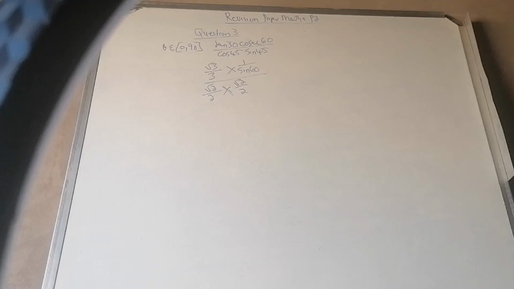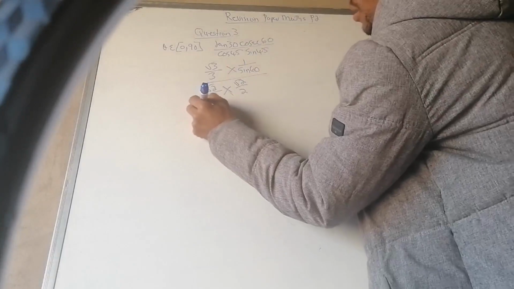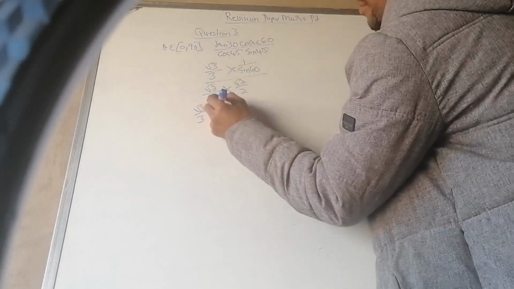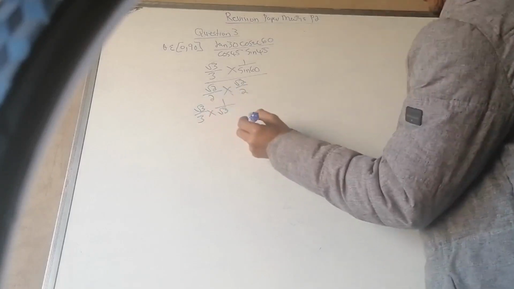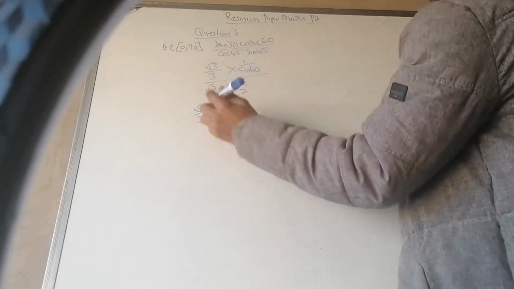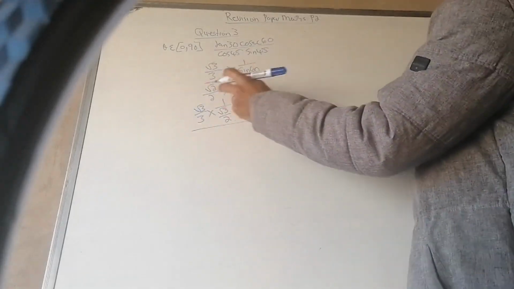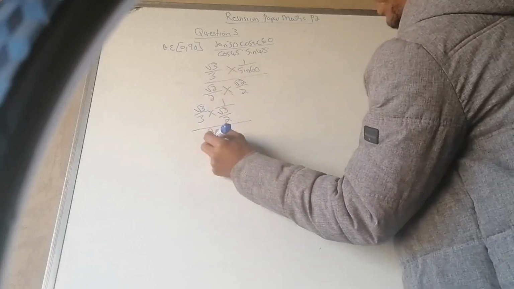Now, root 3 over 3 times 1 over the sine of 60. The sine of 60 is root 3 over 2. The numerator, root 2 times root 2, is 2, and 2 times 2 is 4.